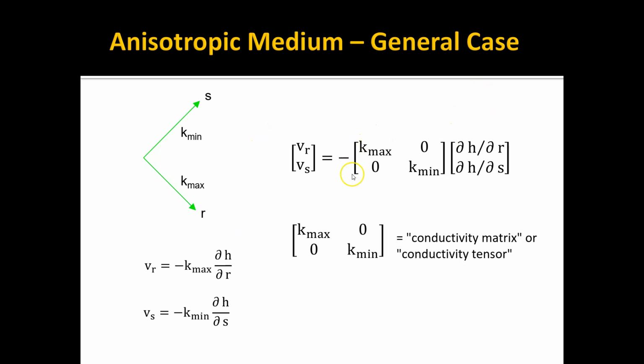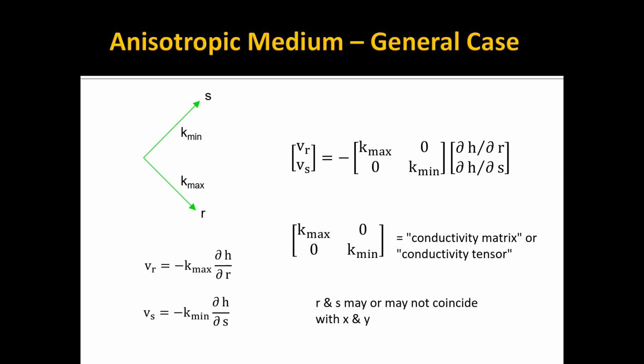And this part here is called the conductivity matrix, or the conductivity tensor. And it is symmetric. It's banded and symmetric, meaning it's symmetric about the diagonal, and then the off-diagonal terms are 0.